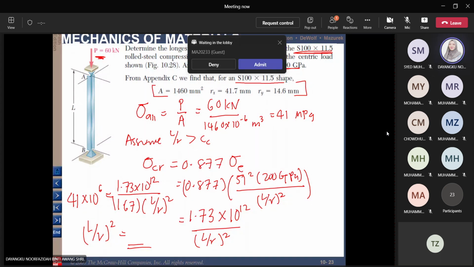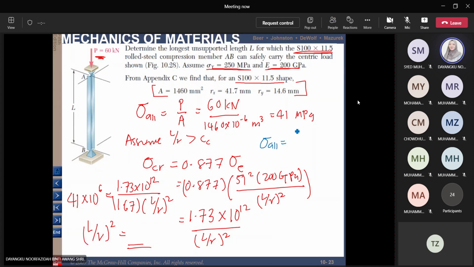From our second formula, allowable stress is equal to CR divided by 1.67. So calculate the value for (L over R) square.